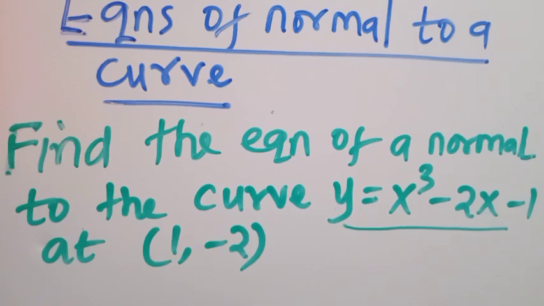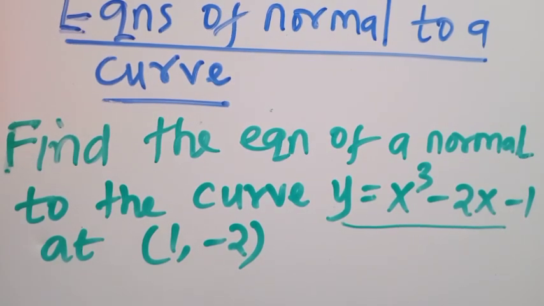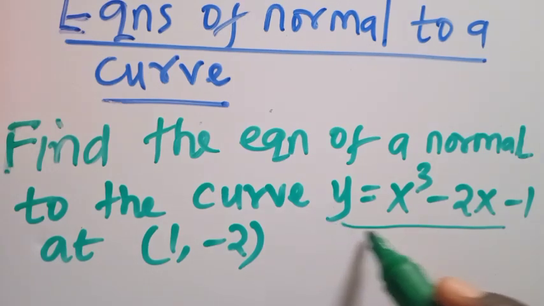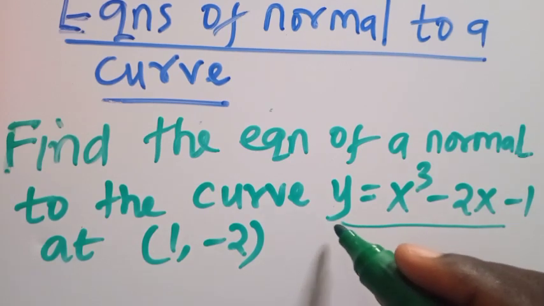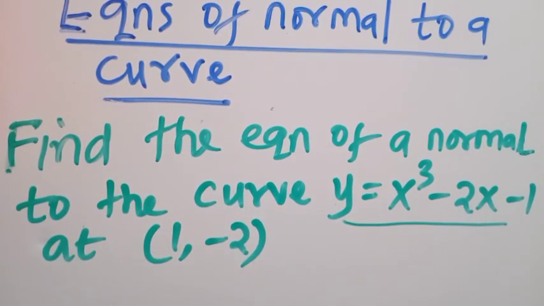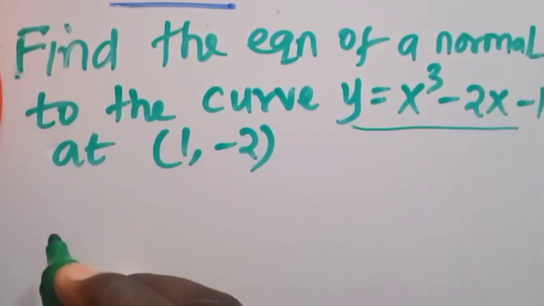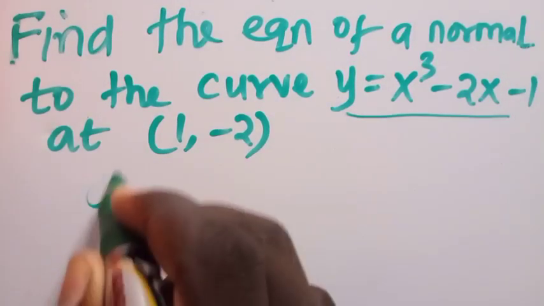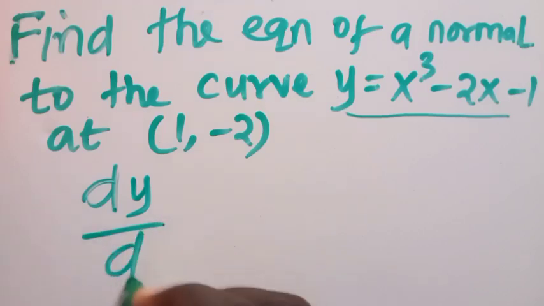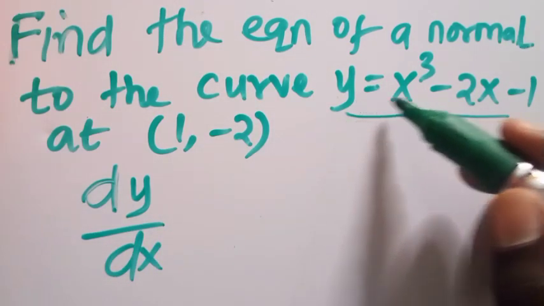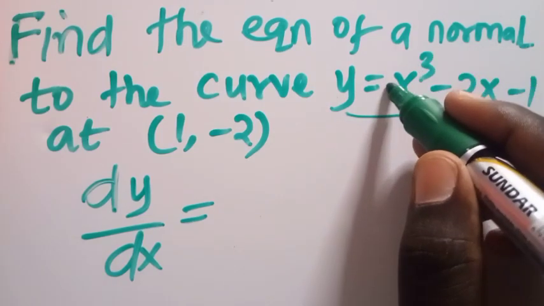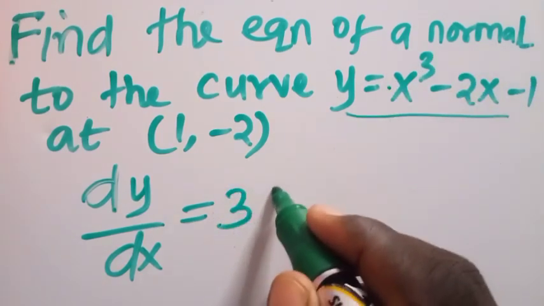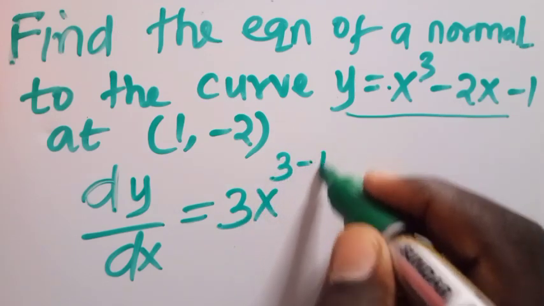Like in finding the equation of tangents, the first step that we always take is to find the gradient function of the curve. So the gradient function of the curve will be dy over dx. We differentiate this function of y with respect to x. We bring this 3 here, and we reduce the power by 1, so it will be 3x raised to 3 minus 1.